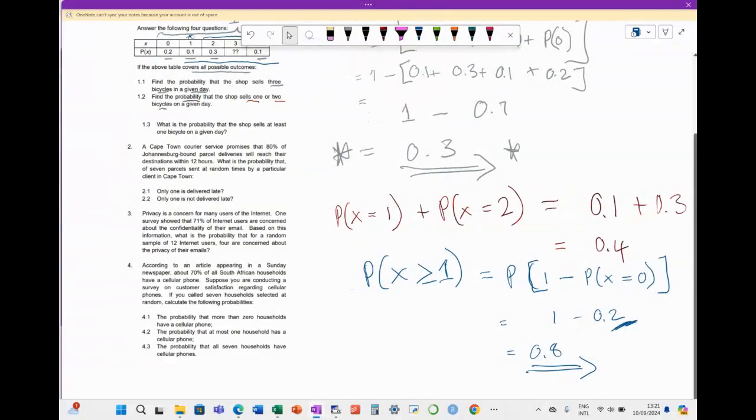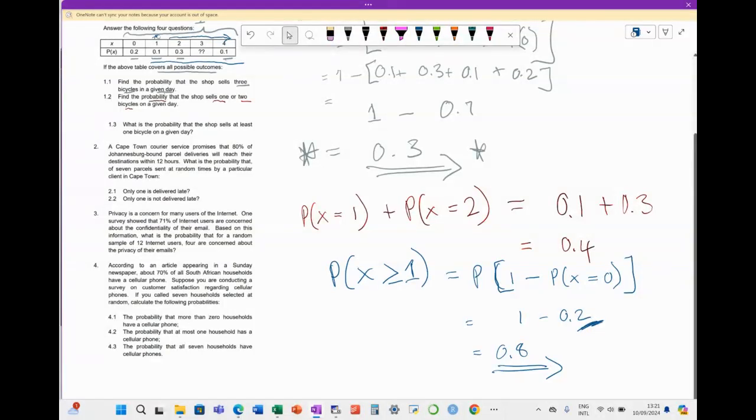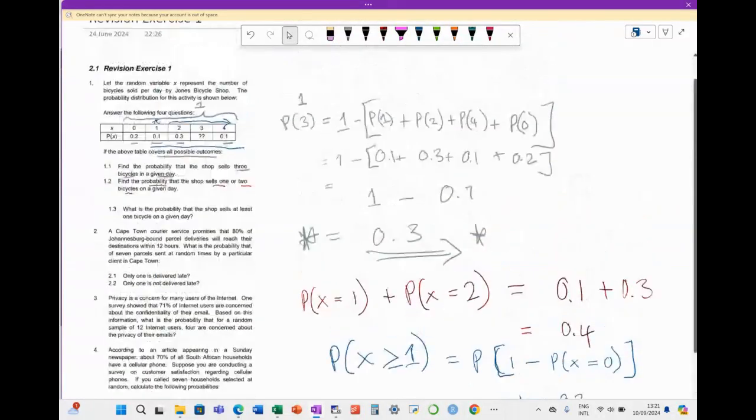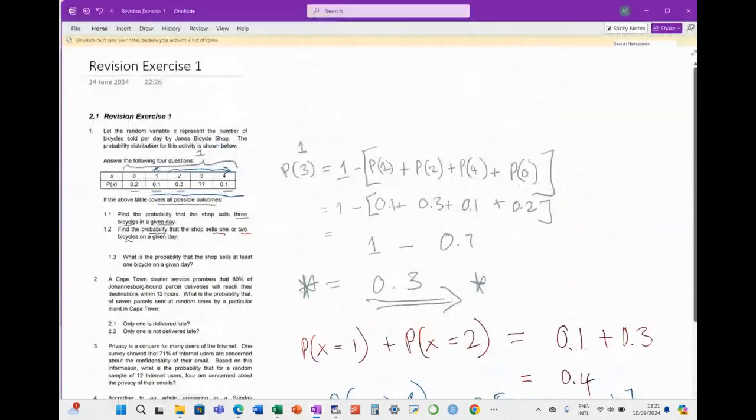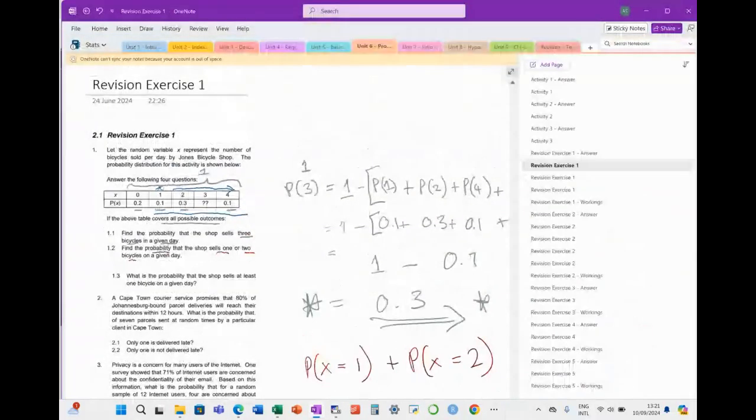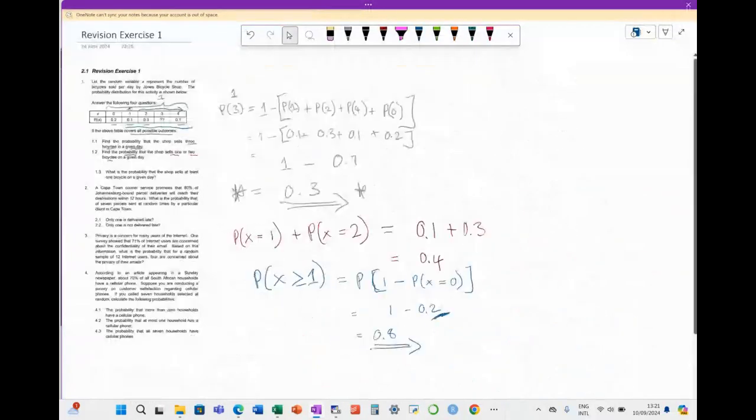Now let's see. I think, just in case somebody wants to look at this later. Oh, sorry, that's not what I wanted to do. Let me just move this.